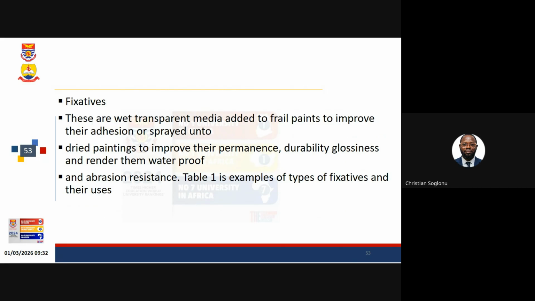Fixatives. They are thin, transparent liquids added to paints to improve adhesion, or sprayed onto dried paint to improve permanence, durability, glossiness, and render them waterproof and abrasion resistant.